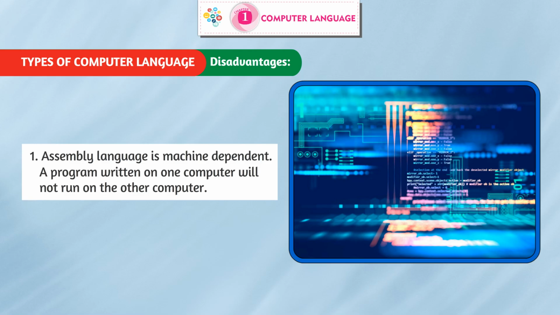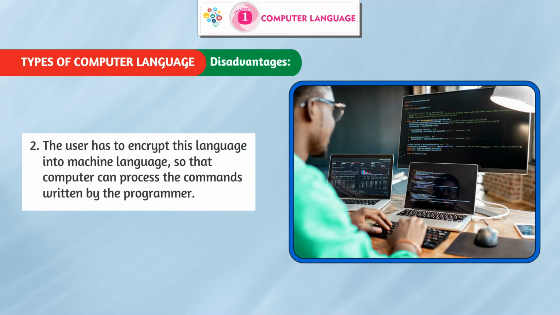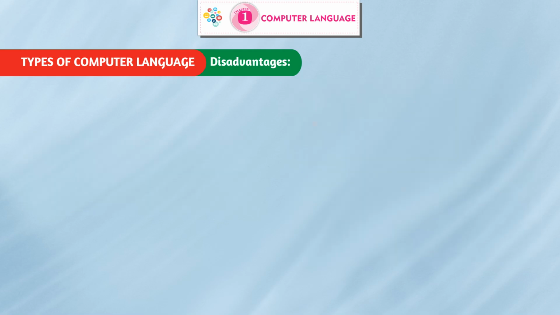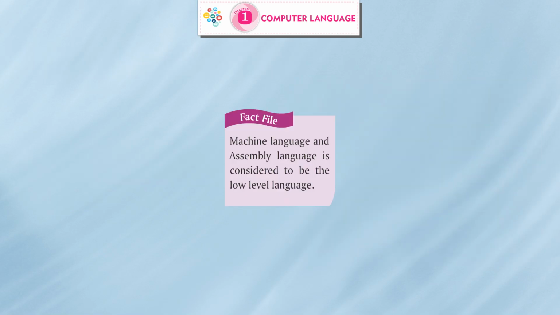Assembly language is machine dependent. A program written on one computer will not run on another computer. 2. The user has to translate this language into machine language so that the computer can process the commands written by the programmer. 3. It is difficult to remember the syntax.